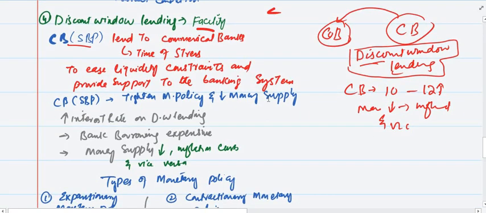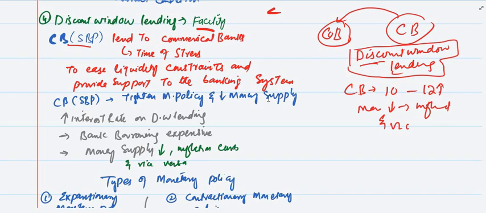If the central bank increases this interest rate, then it will be very costly for the banks to take loans from the central bank, and definitely they will reduce their borrowing level. If they reduce borrowing, then the money supply will also reduce, and inflation will be controlled this way.